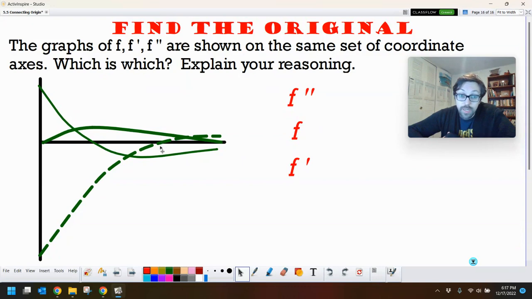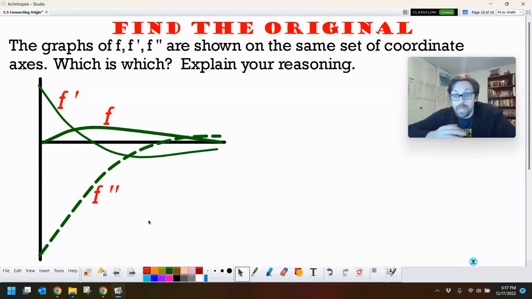So this one, the dashed line, must be the derivative of the thin line, which is the derivative of the thick line. So this must be the original function. The thin line must be the first derivative, and the dashed line must be the second derivative. If we check if that makes sense in terms of concavity, this thing is concave down on this interval.